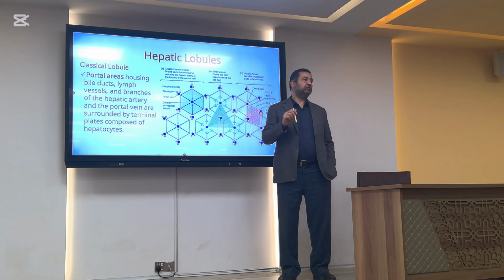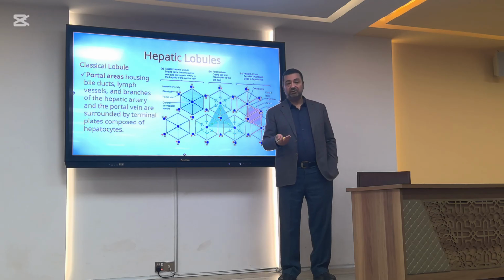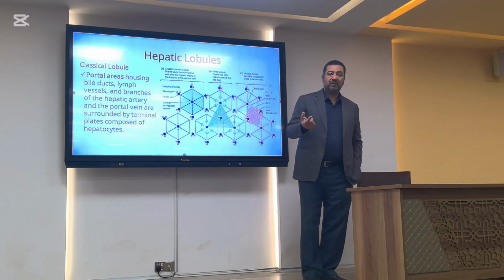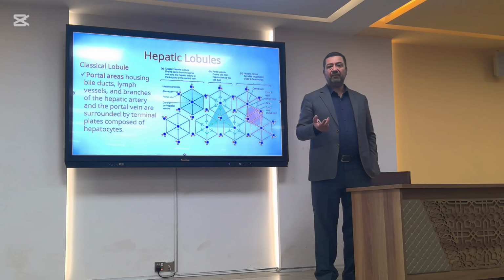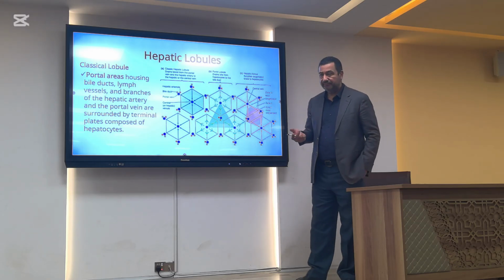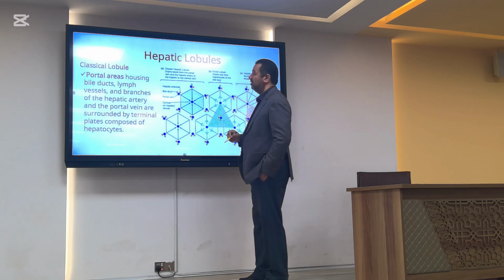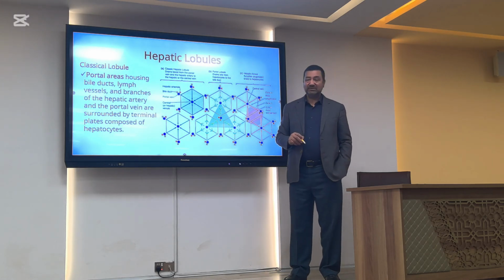In the portal area, there is a triad: a branch of the bile ducts, a branch of the portal vein, and a branch of the hepatic artery.